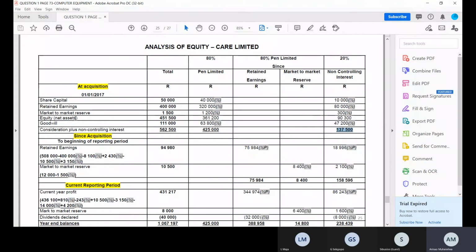It was given. Overall, goodwill is 111,000. And if we are required to prepare the statement of financial position, this will go under the asset section as goodwill.